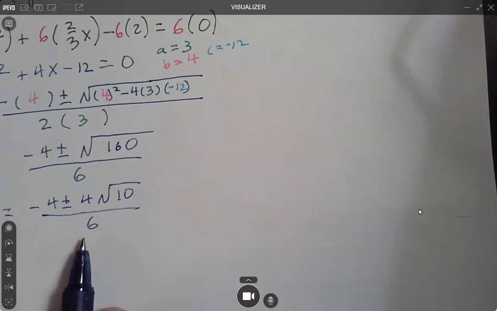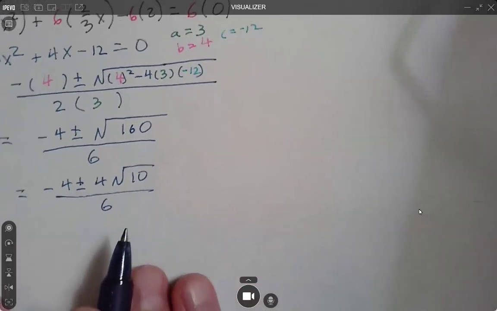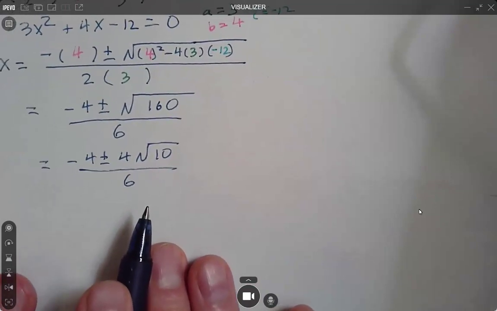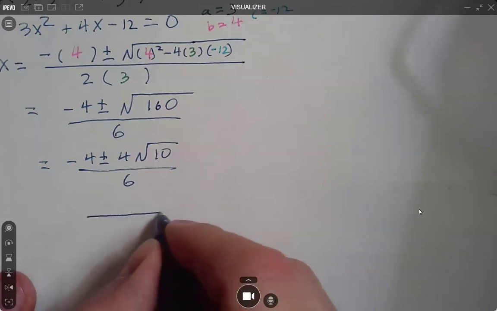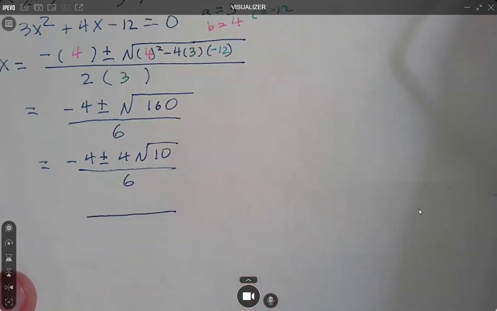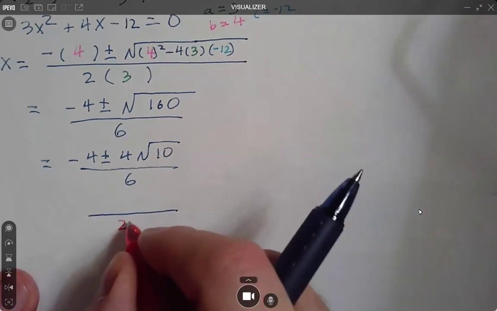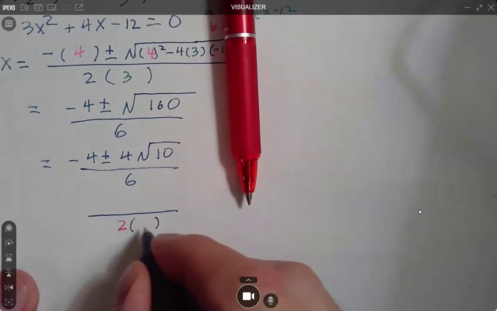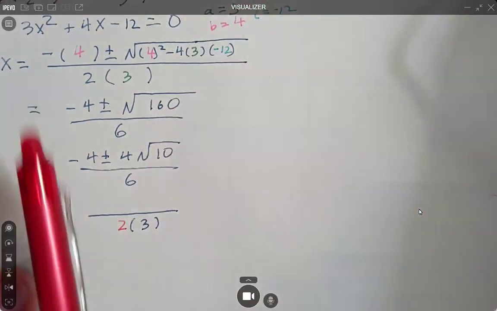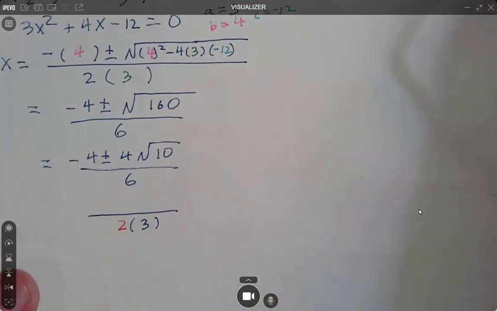So now, one thing you want to notice here, we can actually do some reducing. Because that's 6 in the denominator, I can think of that as 2 times 3. In the numerator, I can factor out 2 out of those 4s.